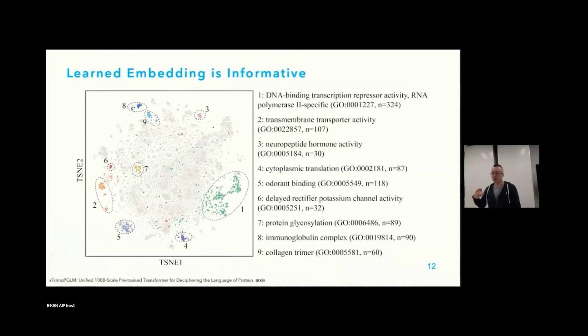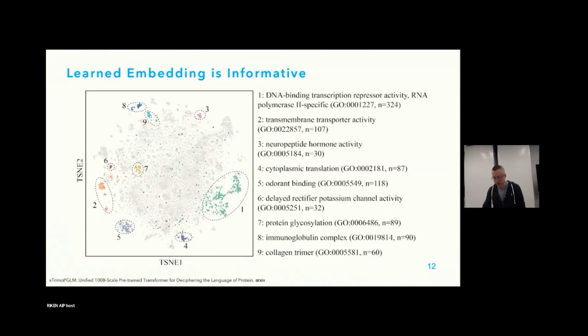You can actually see clusters in this embedding space where proteins with different sequences, if their functions are similar, tend to cluster in the same space in this embedding space, right? That's very interesting to see that just by modeling the sequences, you're able to capture some of the interesting functional properties of the protein.